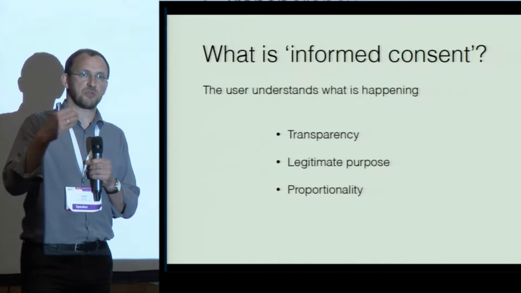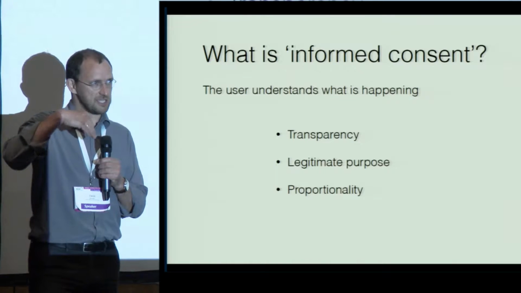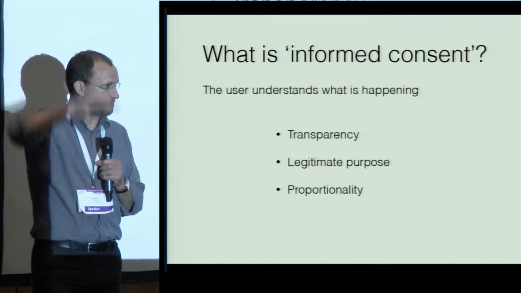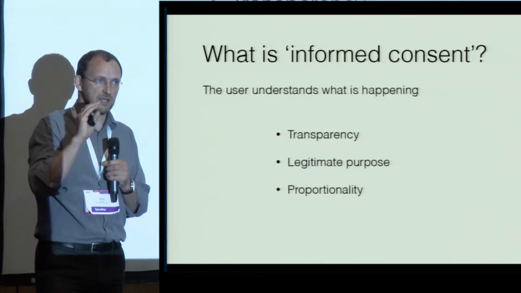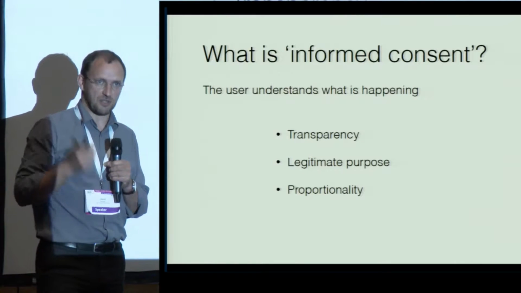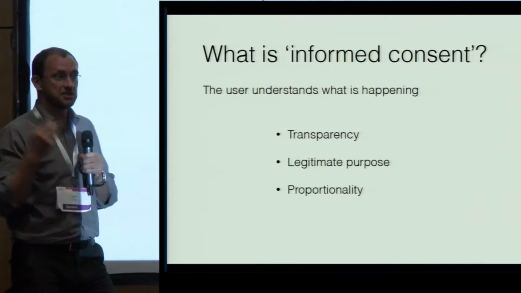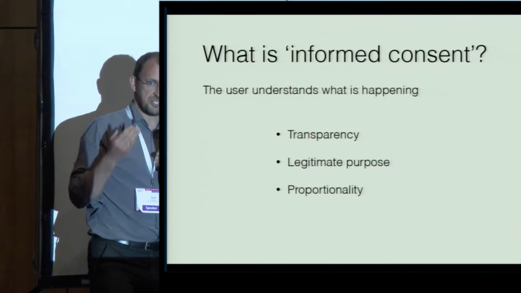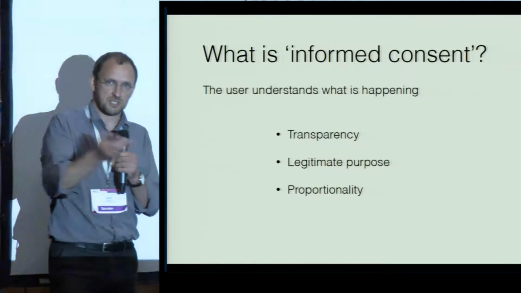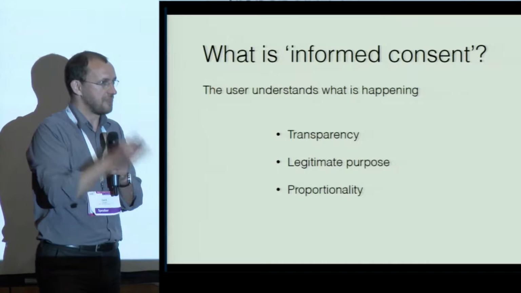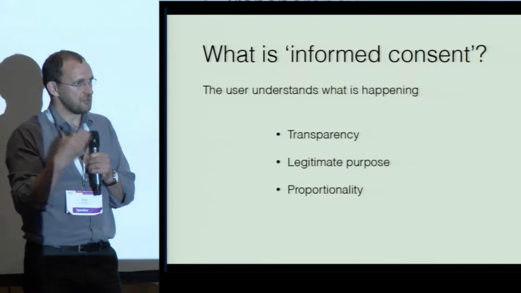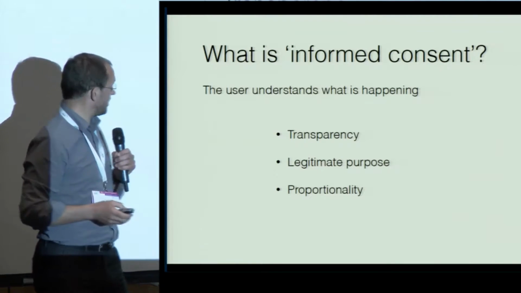There should be an explanation and not just an acceptable use policy of 54 pages, but it has to be so brief and readable that people can in fact understand what is there. There has to be a legitimate purpose, and legitimacy is hard because what is legitimate and not, but there has to be a purpose so the user can actually feel whether it's okay to do this or not.